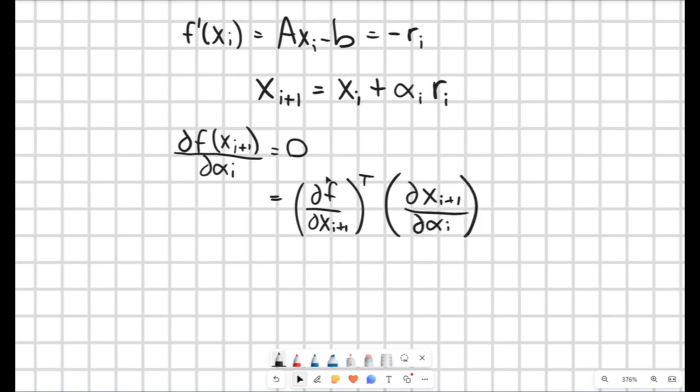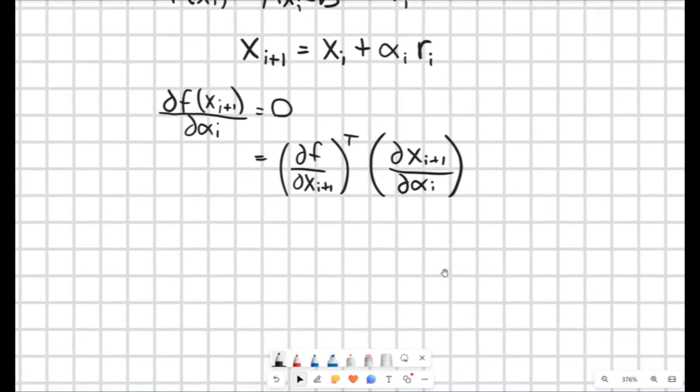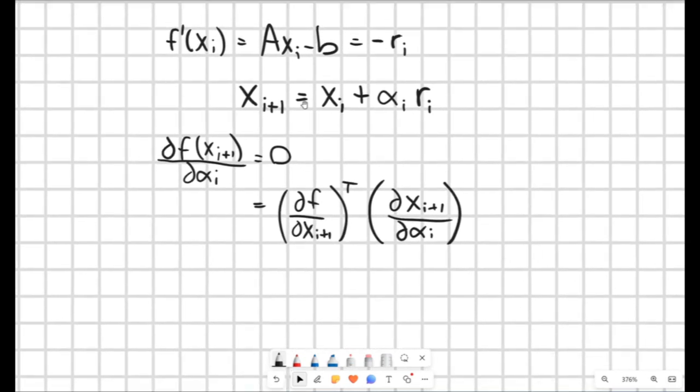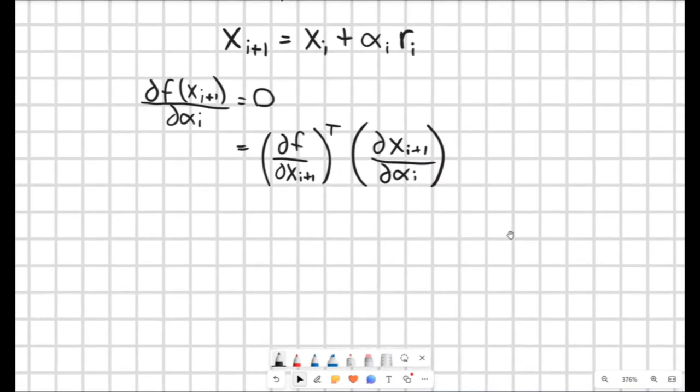So again, this is kind of vector calculus again. This thing, we've already used this a couple of times already. That gradient is going to be equal to minus the residual at iteration i plus 1, transposed.